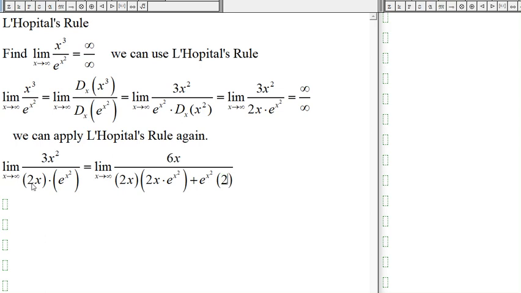So one more time, it is 2x times the derivative of e to the x squared, plus e to the x squared times the derivative of 2x.